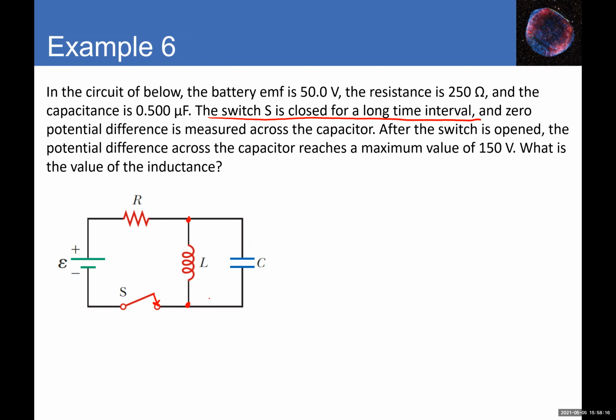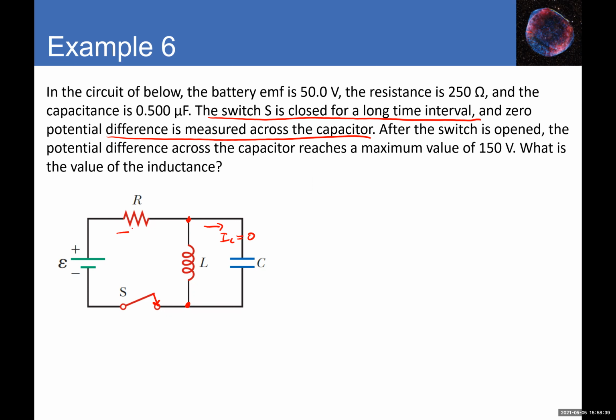The idea here is if it's been closed for a very long time, then the capacitor is fully charged. When the capacitor is fully charged, there is no current through the capacitor. That's why it says the potential difference across the capacitor is zero. That means there is no current going here. Current through the capacitor equals zero.